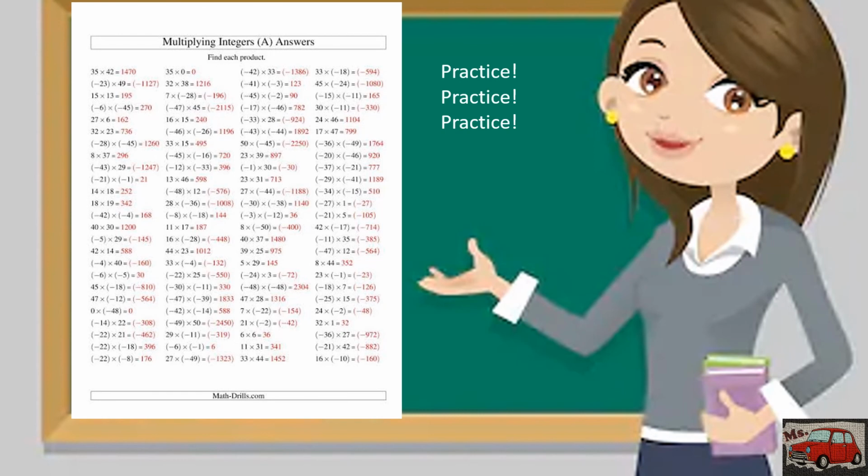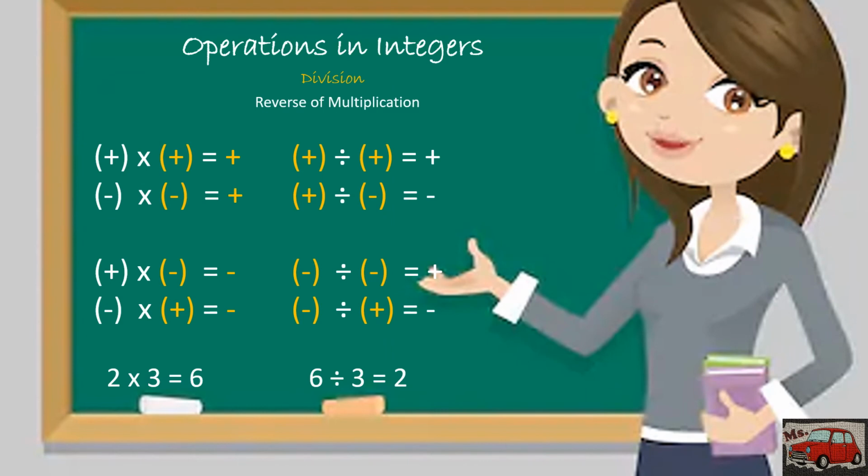Okay? Okay. So, this time, aalamin na natin yung magiging sign kapag nag-divide tayo ng integers. Okay? So, gagamitin ko lang yung multiplication to compare that division is opposite or reverse ng multiplication. Naalala nyo, si 2 times 3, the answer is 6. Diba, kung i-reverse ko yan, i-divide ko yung product sa isang factor niya, and the answer is yung isang factor lang din.